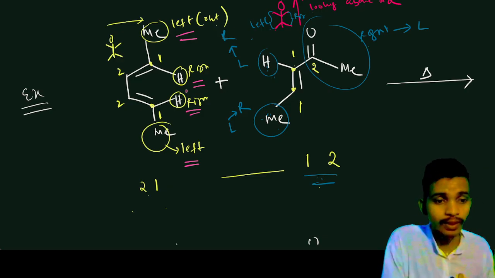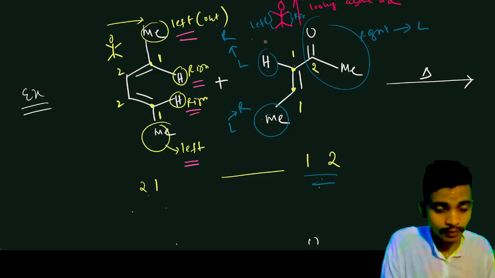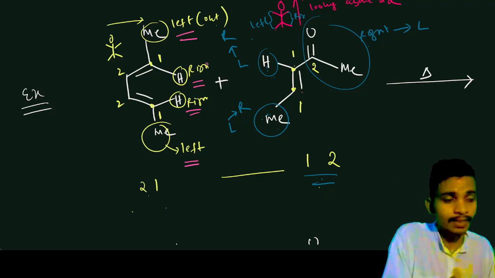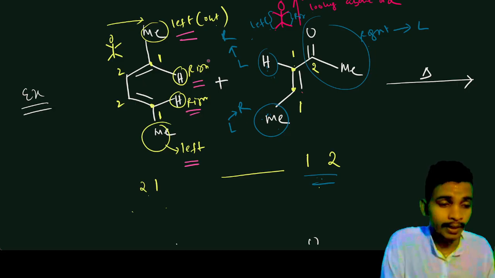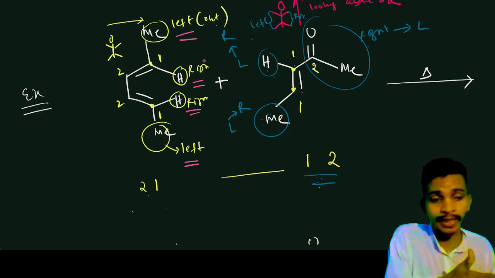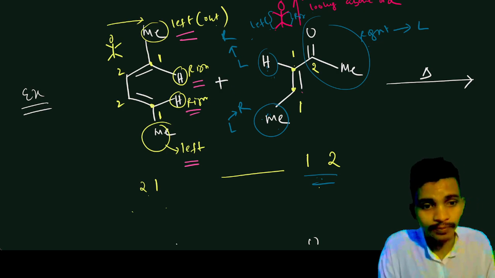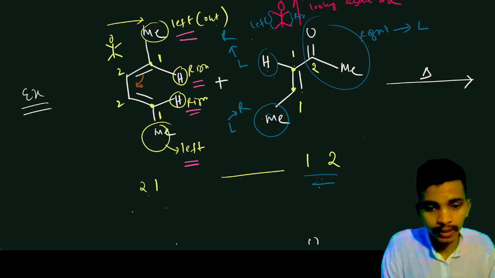That's why left and right for the dyne and dynophile is important, because we are combining these two substrates. If one left is dash, then all left has to be dash, and if one right is wedge, then all right has to be wedge.